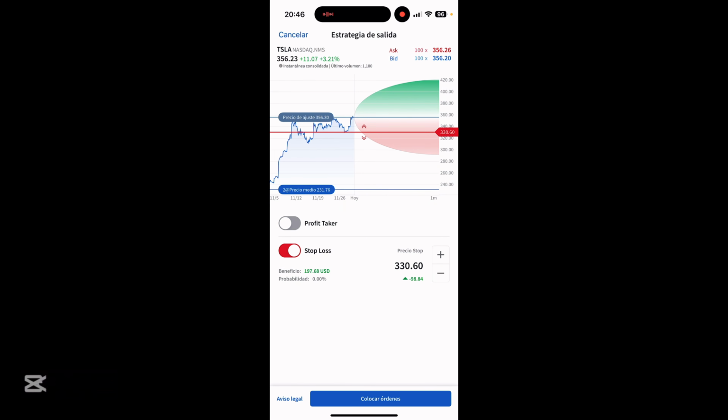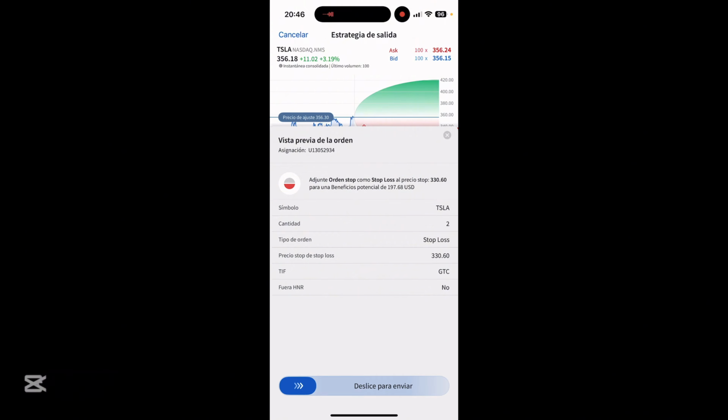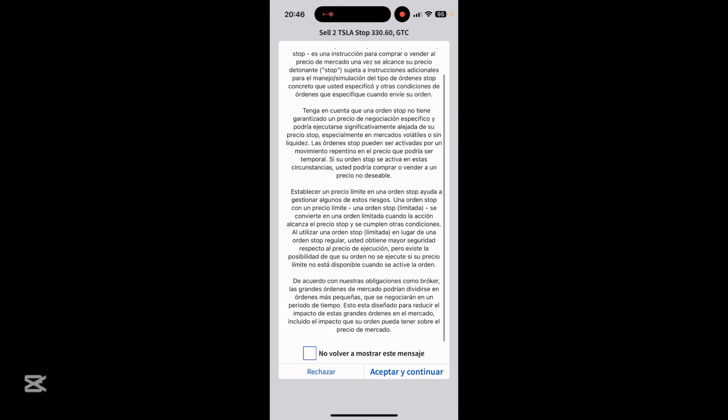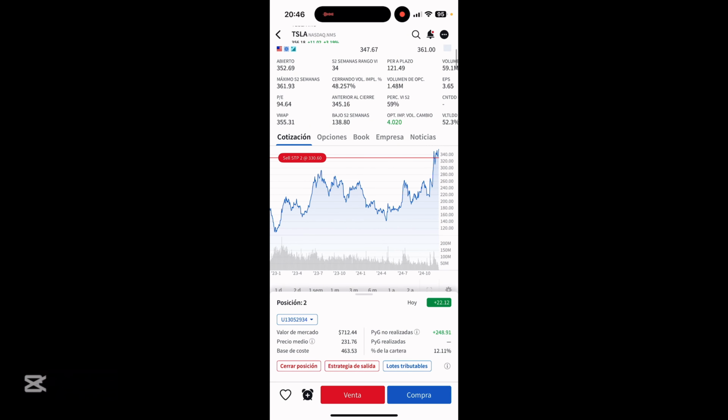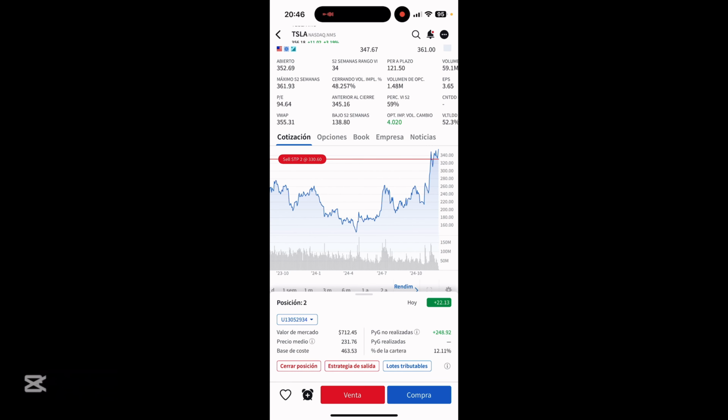And the exit strategy, to tell you the truth, I don't want it. So I'll place this order. This is why I like the mobile version more than the Interactive Brokers workstation. And then the position is set up already in there. So the moment Tesla reaches 330.60, it will be sold at a profit of, as you saw, 170 something.